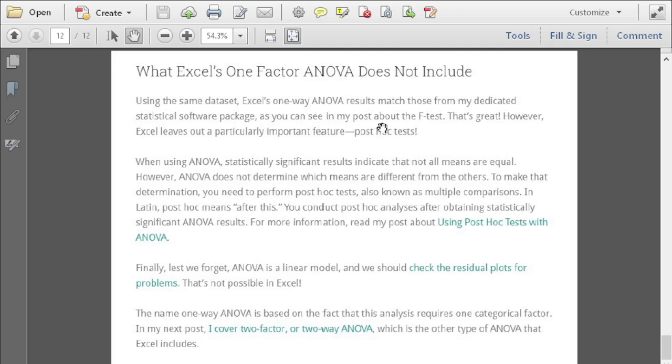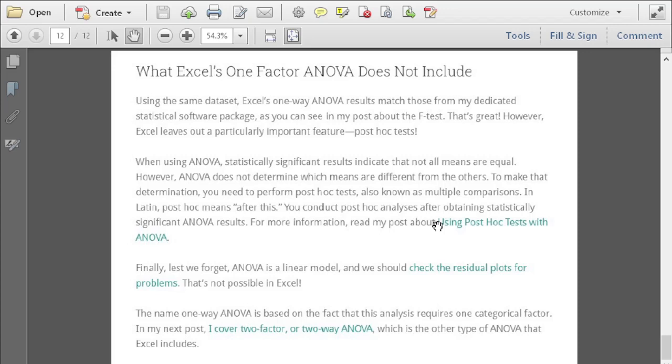A post hoc test is used to determine, among those means, which one is the one that is different. Among the others, which of those means is really different? You use a post hoc test to determine that.